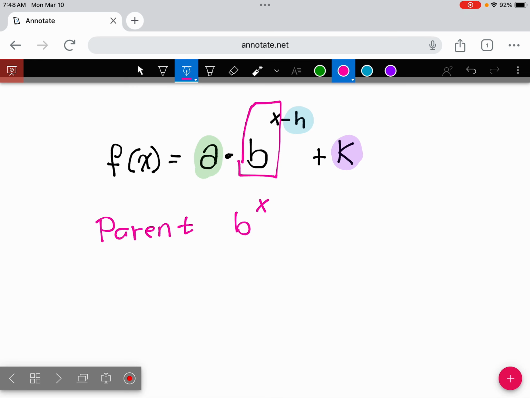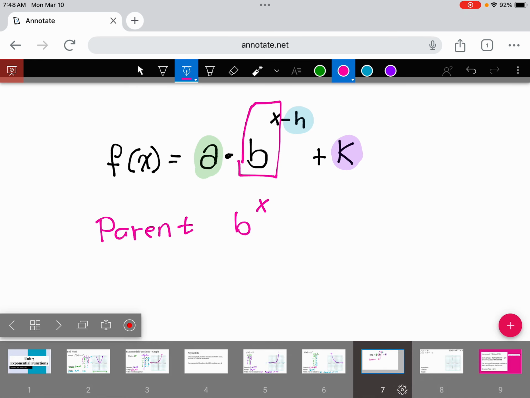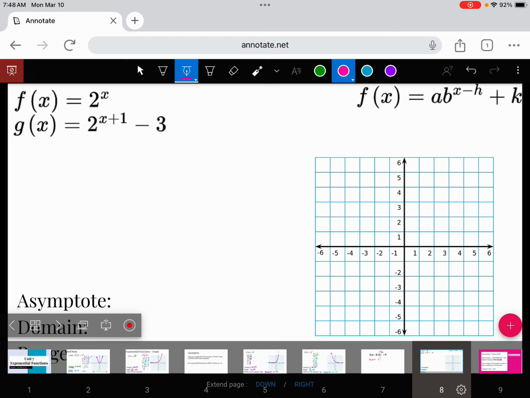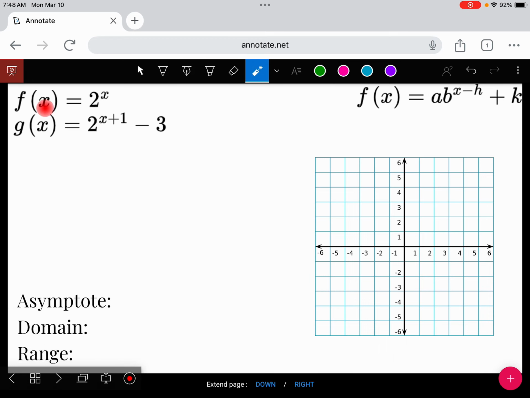All right, let's do one where we're looking at this kind of stuff. So we're going to do 2 to the x plus 1 minus 3. This is our graph we're going to do. A lot of times we will tell you to graph both of these. And what this one is, f of x equals 2 to the x, we've graphed this one already today.